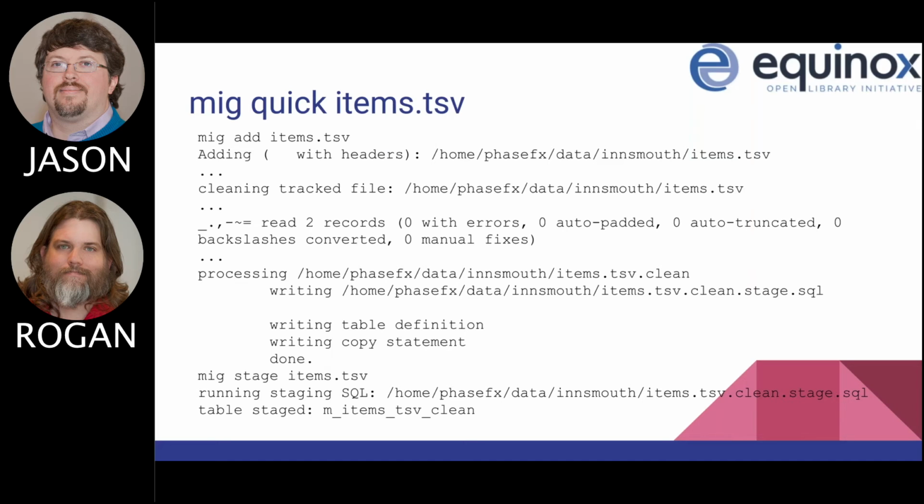And clean CSV will actually parse the CSV file, and if it finds errors, if it can't parse something, it brings up an exception for you to handle on the fly. And then once you handle it, it remembers how you handled it. And furthermore, it can apply that fix based on matching patterns to other rows that remain in that file. So it's a very useful tool. But yeah, MIG quick just makes it more quick.